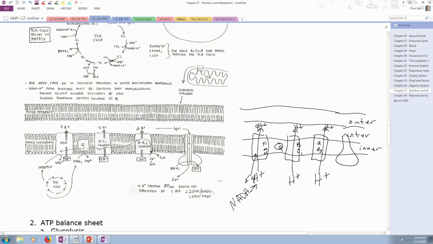So we have a bunch of protons in the matrix of the mitochondria. Here comes an electron, and he's like your hand on a button to open a door. And as long as that electron is on that button, it will open the door and allow 4 protons to be pumped in. And the door will close.